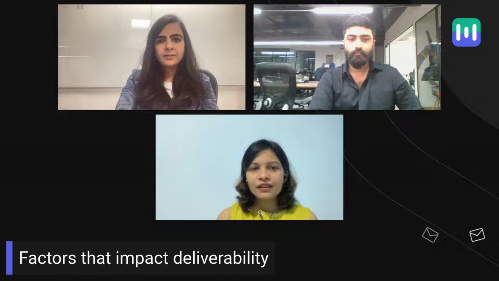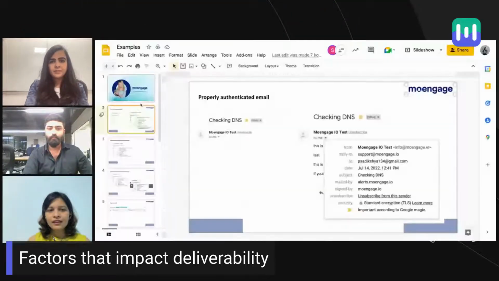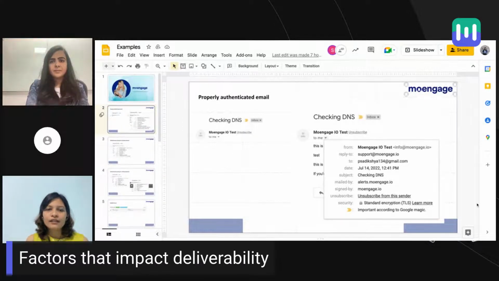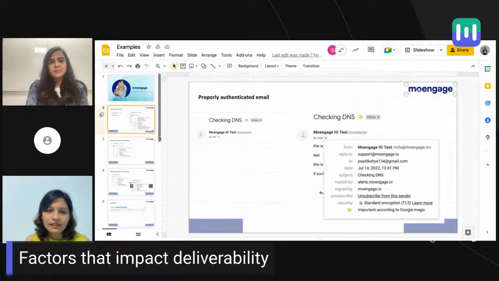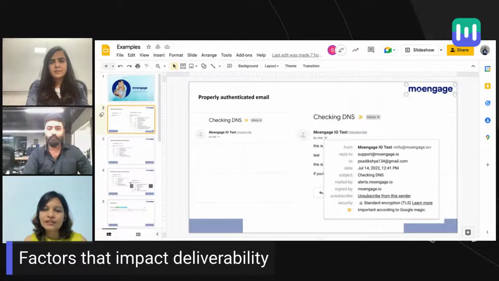When we say authentication, it means how well your domain and IPs are authenticated, right? Like whether your IP and domain are eligible to send emails on your behalf. If you look at this example, you can go to the first slide. You see an email, and if you look at the mailed by and signed by here, it's alerts.moengage.io and moengage.io. And DKIM is signed by moengage.io.